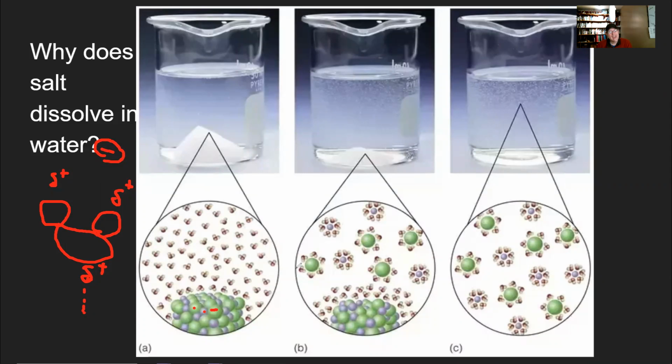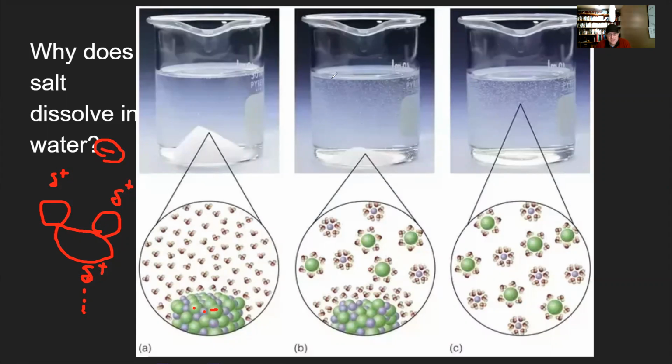The reason that salt dissolves in water is because water has a stronger attraction for the ions than the ions have for each other. If the ions have a stronger attraction for each other than the water has for the ions, then that salt will not dissolve in water very well, which gets us into insolubility, and eventually into the partial solubility of those substances with Ksp and equilibrium problems of insoluble salts.